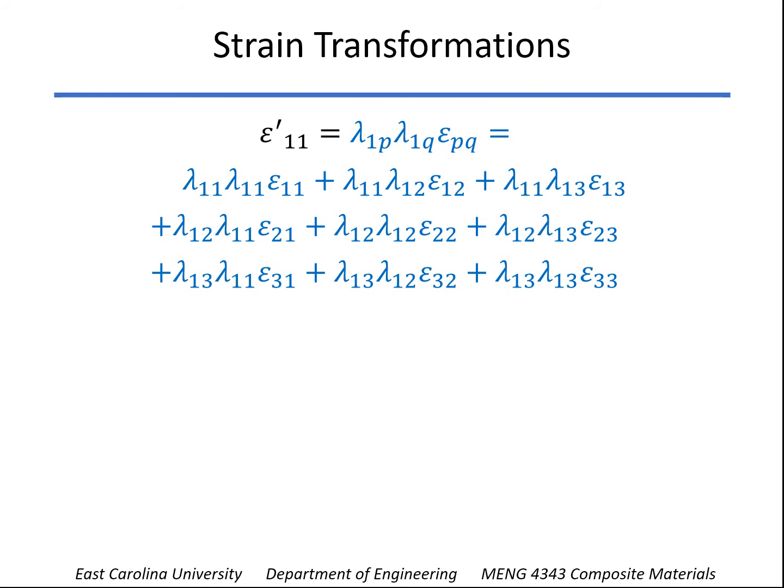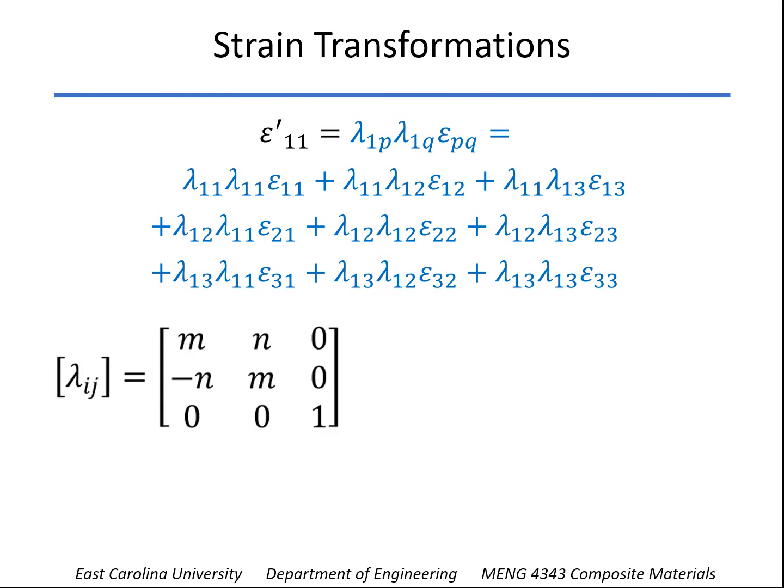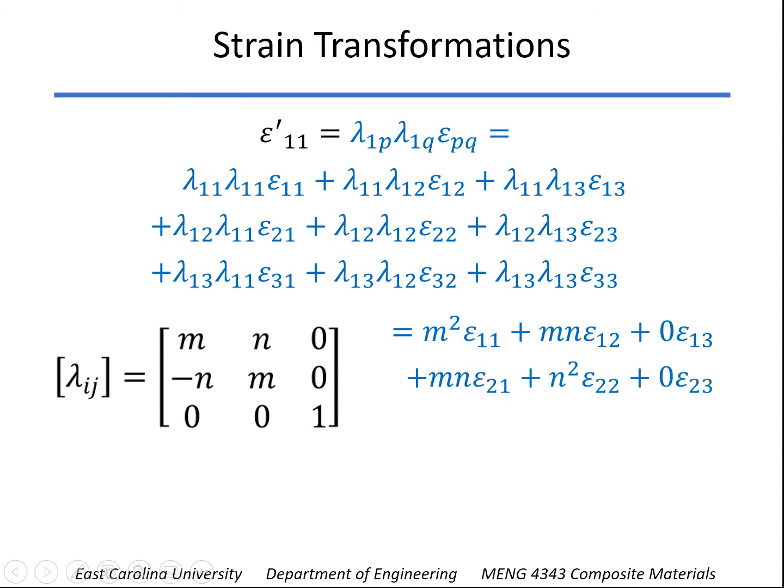Now if we plug in those values of lambda that we identified earlier, then that first row becomes the cosine squared, or m squared, times epsilon 1,1, plus lambda 1,1 times lambda 1,2 is m times n. And finally, wherever we have a 1,3 or a 2,3, we know we're going to have a 0. So 0 for this term.